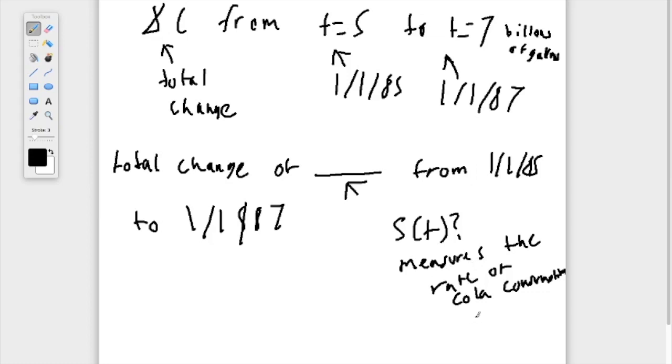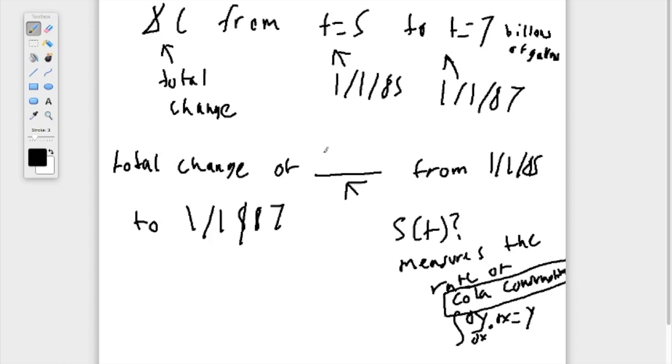Because if you do dy over dx and then times dx, the integral, that'll just be y. So you have a rate multiplied by time. That's just the original cola consumption, if that makes sense.